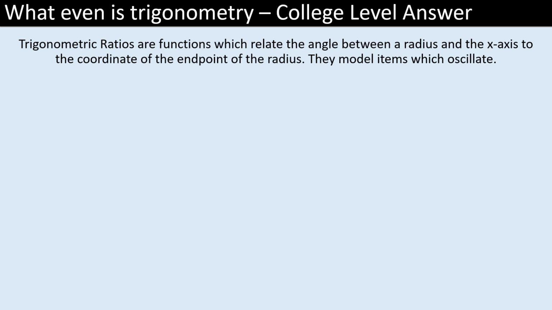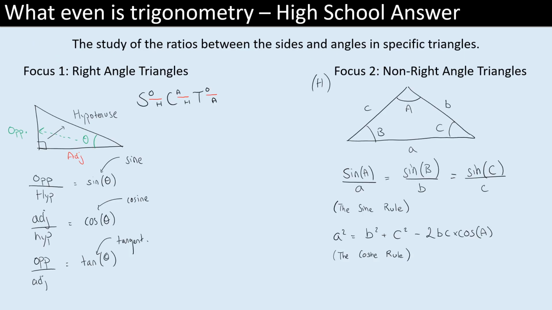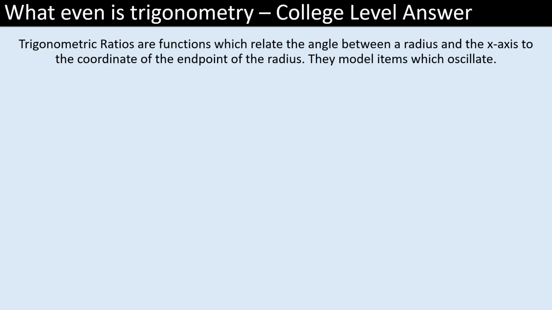Now, for most of you watching this video, this reasoning of what trigonometry is will be more than enough. But there are some really interesting, beautiful things that happen when we consider trigonometry to be how we trace a circle around, thinking about the coordinate of the end point.